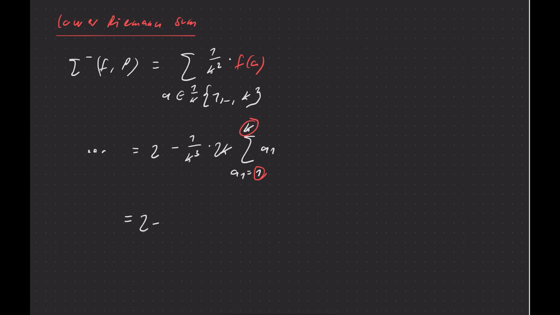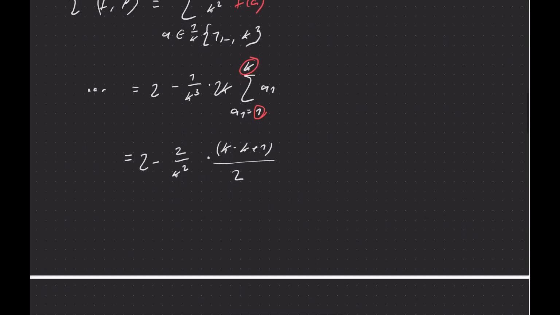So what we get is 2 minus 2 over k squared. One of the k's cancels out here. Times k plus 1 over 2. So we now get 2 minus 1 minus 1 over k. And again, you can see that for k to infinity, this converges to 1.